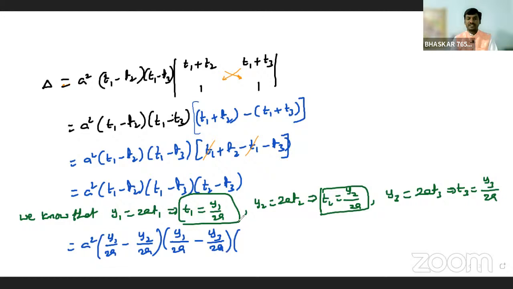Next, t2 is y2 by 2a minus t3, that is y3 by 2a.